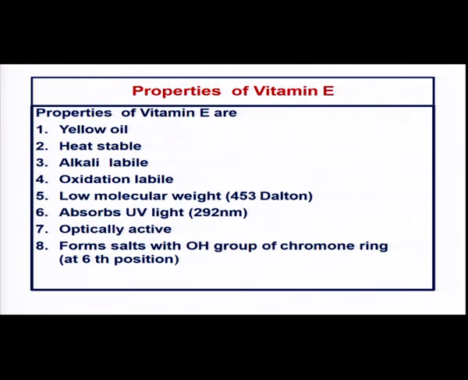Now, if you look at this particular vitamin, it has oily texture. In fact, the consistency is very viscous, and hence even vitamin E as such can be used as a topical emollient in case of burn injuries and skin toning related functions.